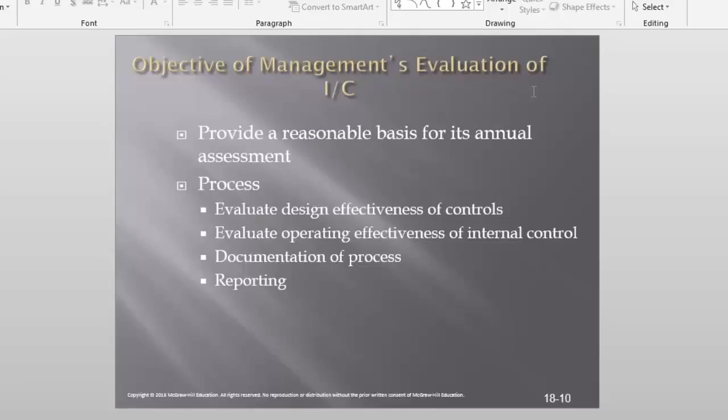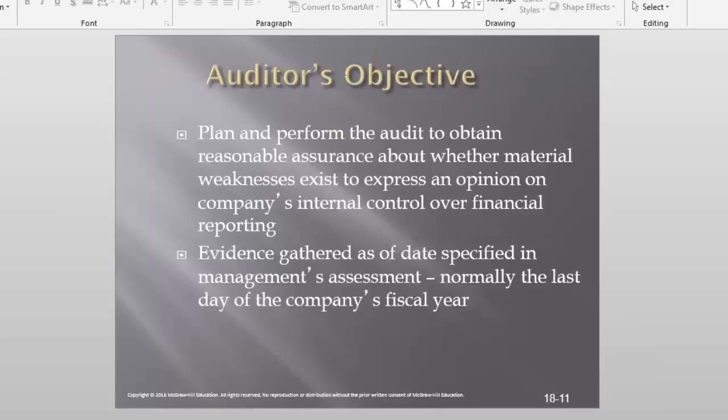We are evaluating the design effectiveness of controls, evaluating the operating effectiveness of these controls, documenting the process, and reporting. So in fact, the auditor must issue an opinion. And again, the auditor is issuing an opinion based upon the objectives of management in regards to what they're doing related to internal control testing.